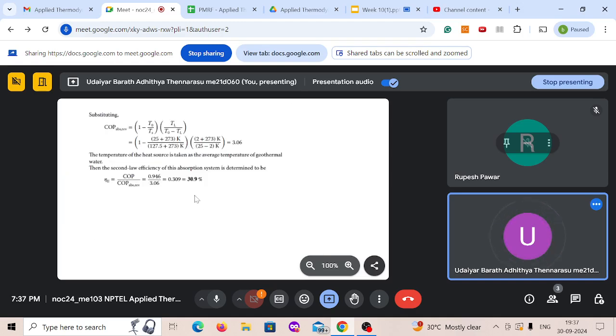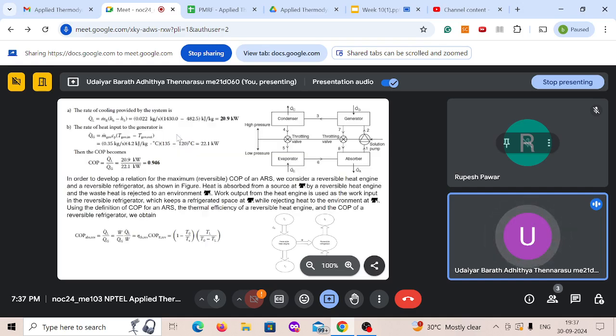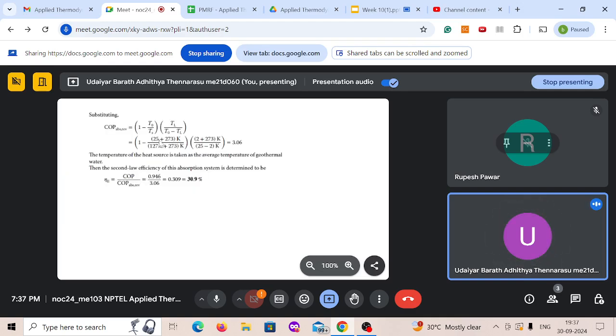Next, substituting the temperature values, the theoretical ideal COP which you can get is as follows. T naught is 25 degrees Celsius plus 273, which is the ambient. The condenser and absorber will ideally be at the ambient temperature, so 25 degrees Celsius.